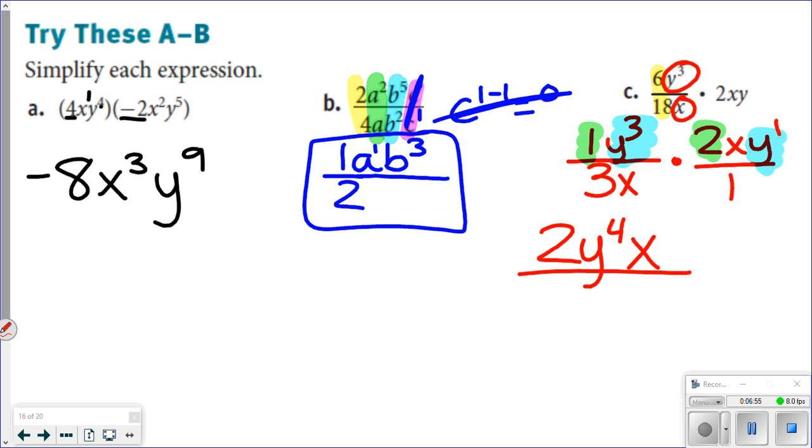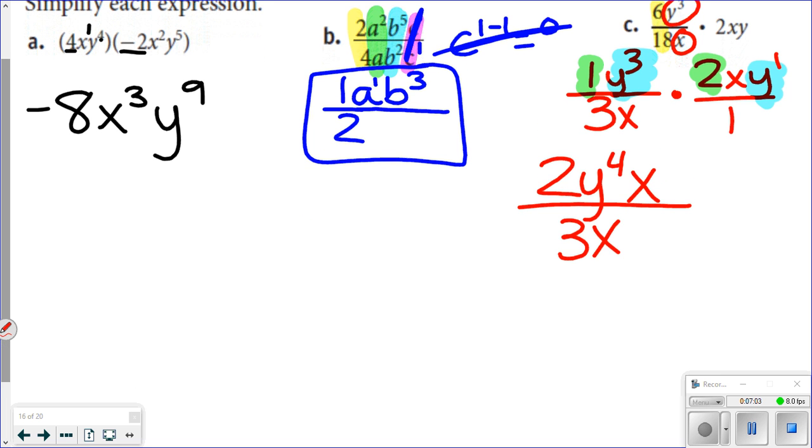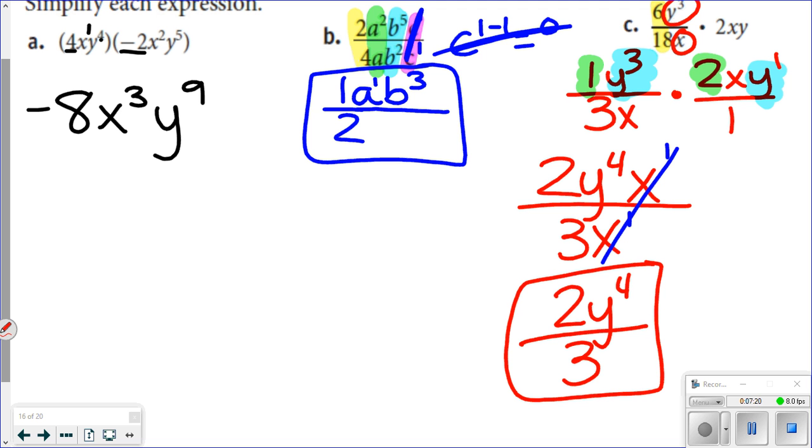And in the denominator, I have 3x times 1, so that's just 3x. Oh, but I'm still not done with this question yet because I have 2 x's, and those are the same bases. So if I have an x to the 1st minus x to the 1st, those basically just cancel each other out. And we have 2y to the 4th over 3, and that would be my final answer.